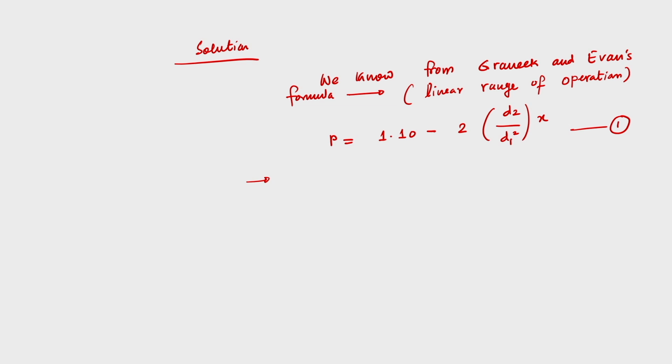We have to measure x, and we use this formula provided by Granick and Evans, and we know the typical range of R, that is, the minimum and maximum value of R.